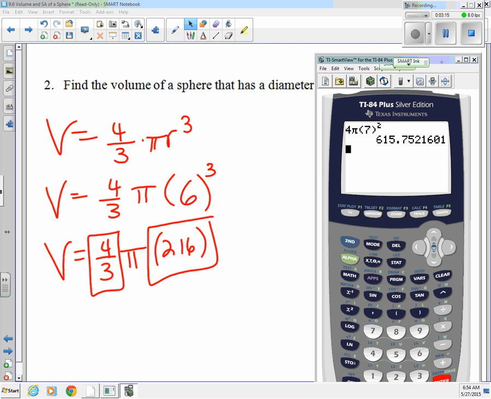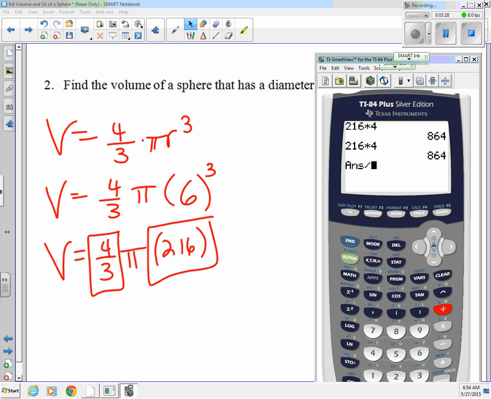Okay, you can do it a few ways. One way you can say is, all right, well, 4/3 is really multiply by 4 and divide by 3. So I can do 216 times 4, enter, and divide that answer by 3, and I'll get 288. Another way to do it is to create a fraction in your calculator.